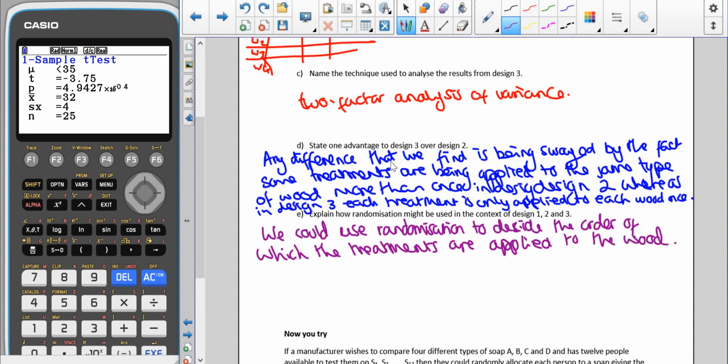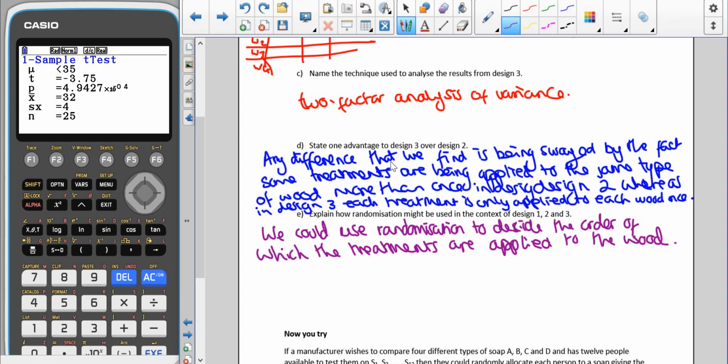And the reason why it's important that we use randomization for this is that there shouldn't be a set way that's meaning that we are increasing the drying time or decreasing the drying time just because of where it is in the order of being applied to the wood.